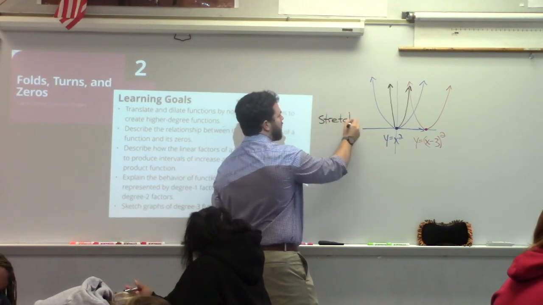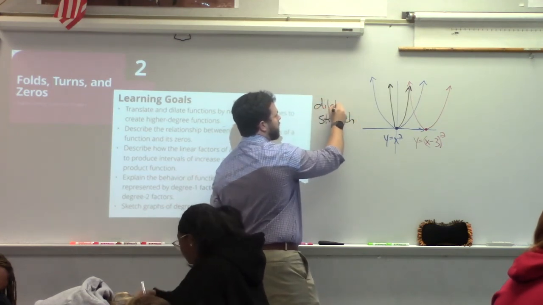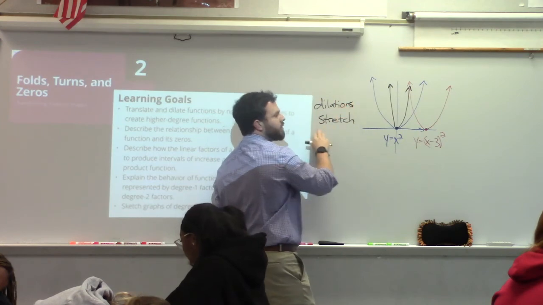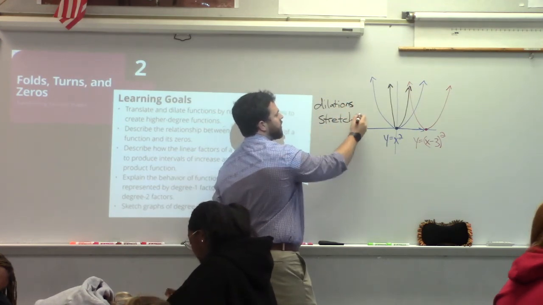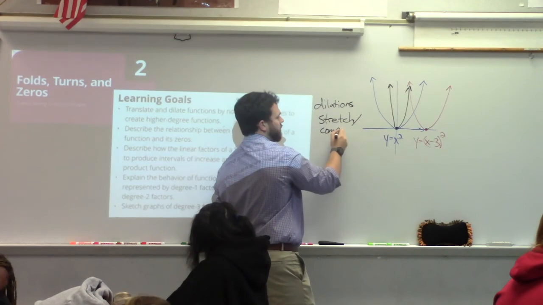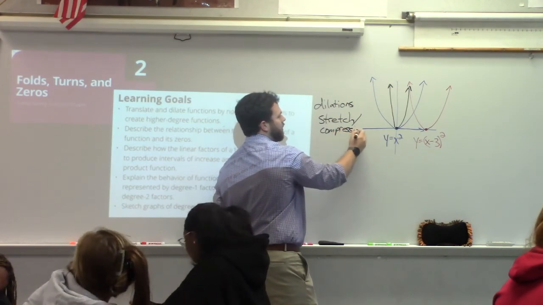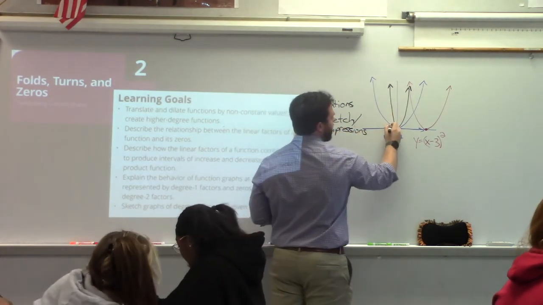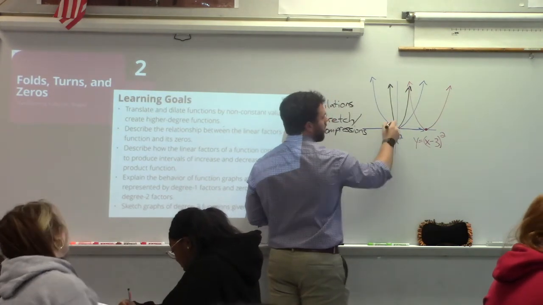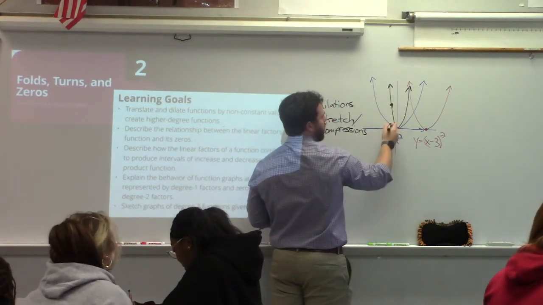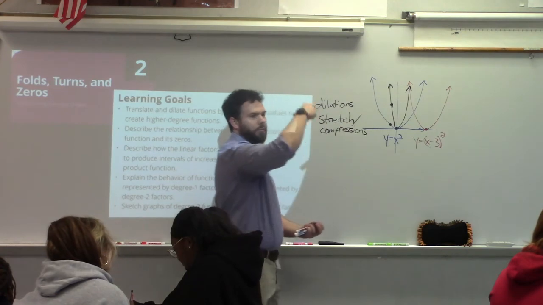Yep. So, dilations either fall under stretches or under compressions. What we could see is this point right here on the blue maps to here on the black. See how it was stretched vertically up?